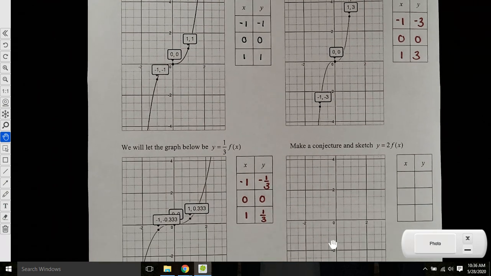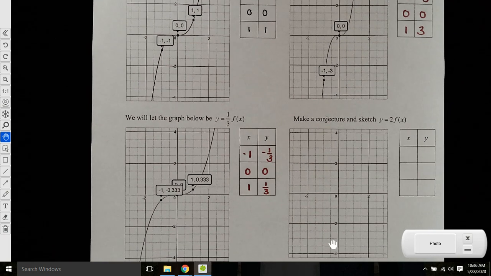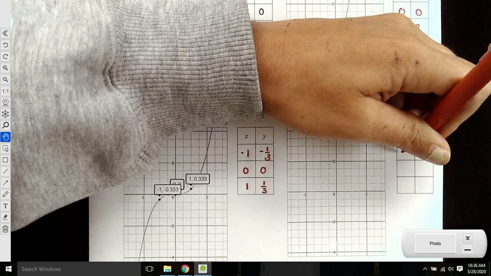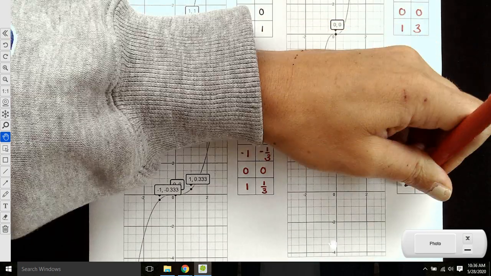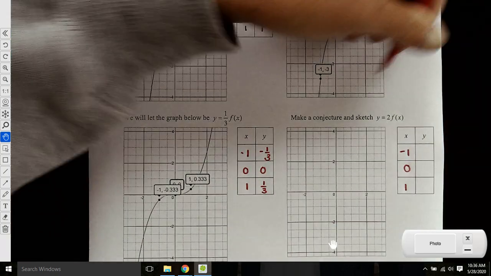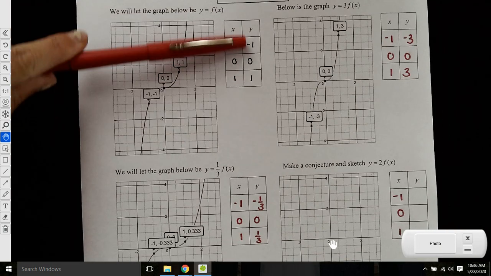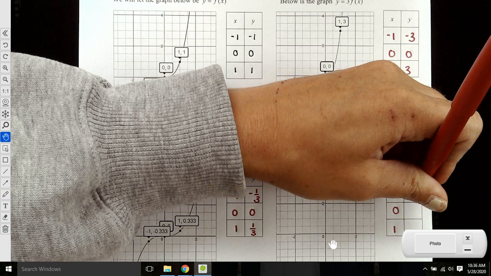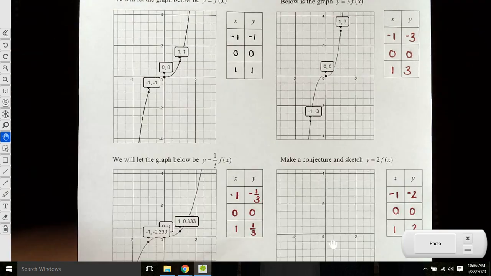So now if I were to make a sketch of 2 times f of x, my instinct is that my x values are going to stay the same. And my y values from the original f of x function will be multiplied by 2. So this would be -2, 0, and 2.